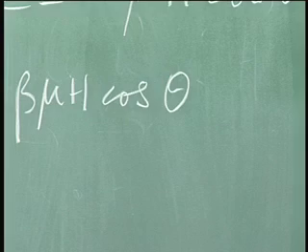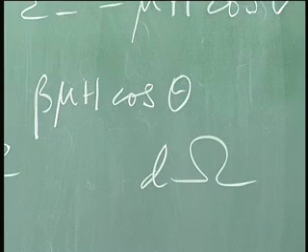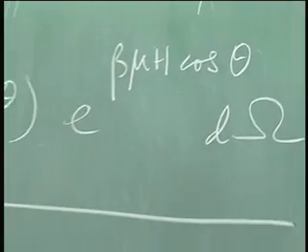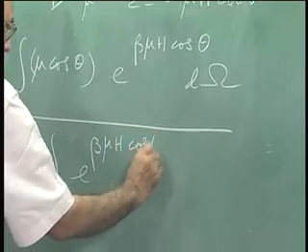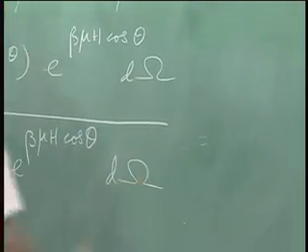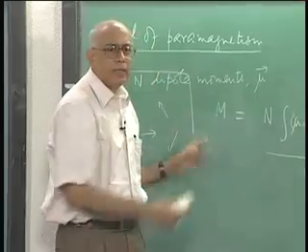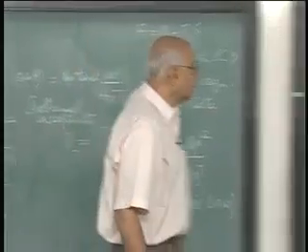So this is equal to an integral over all solid angles, all directions, divided by an integral e to the beta mu h cos theta d omega. That is the average magnetization. I have not put these angular brackets because I have already used a capital letter M, it is a thermodynamic variable.